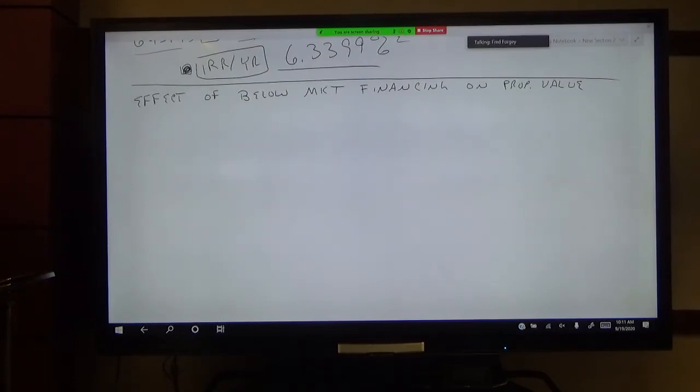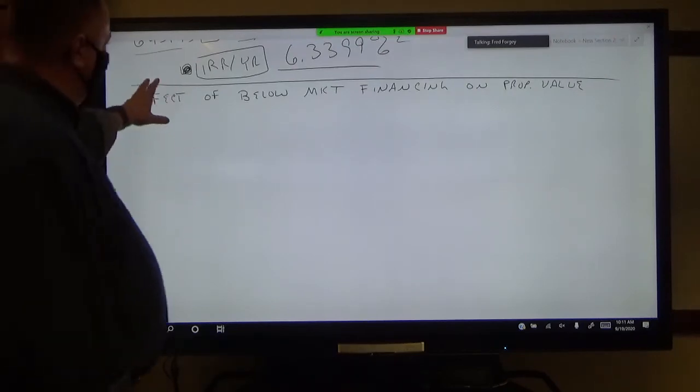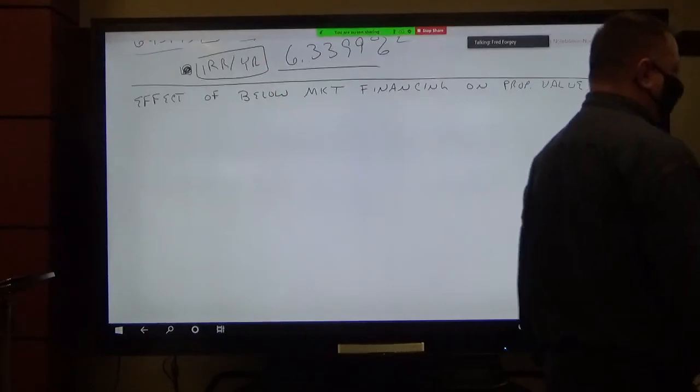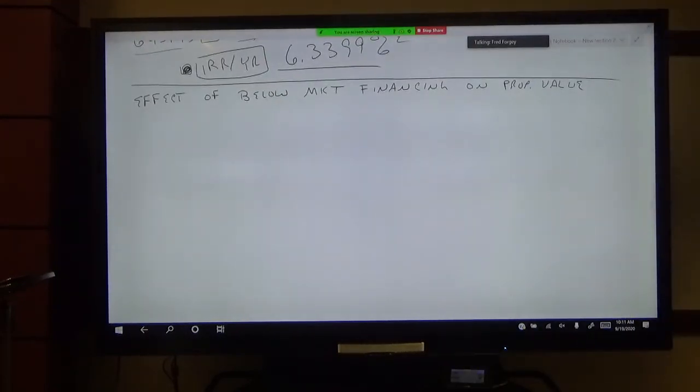the last little topic, at least for the quiz, is the idea of how below market cost financing can impact the property's value. Okay, so here's what I mean by this.